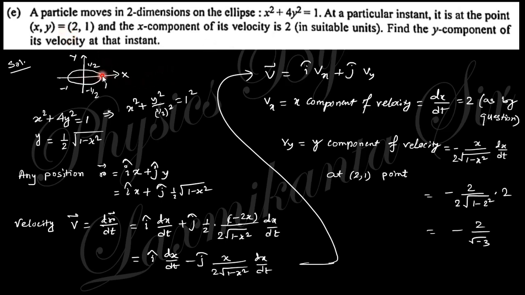Why? The path followed by this particle is this path, so you can see the maximum value of x is 1, minimum value of x is minus 1, maximum value of y is half, minimum value of y is minus half. But here you can see the value of x is 2, which is not valid, or which does not obey this equation.